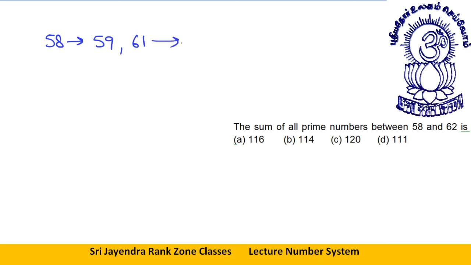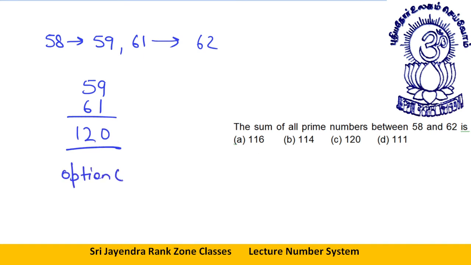So 59 and 61. What is the sum of these two? 59 plus 61 is 120. So easily done. Option number C is our answer. I hope it's clear to all of you. Let's move to the next one.